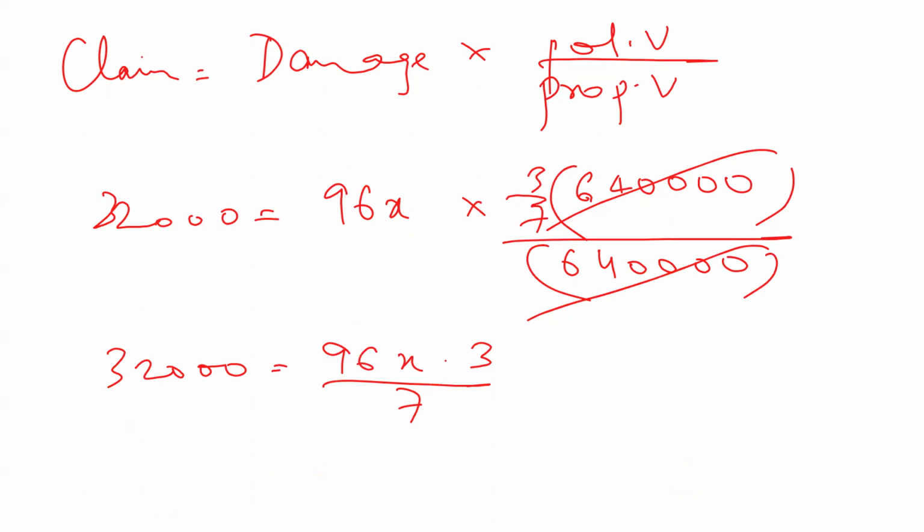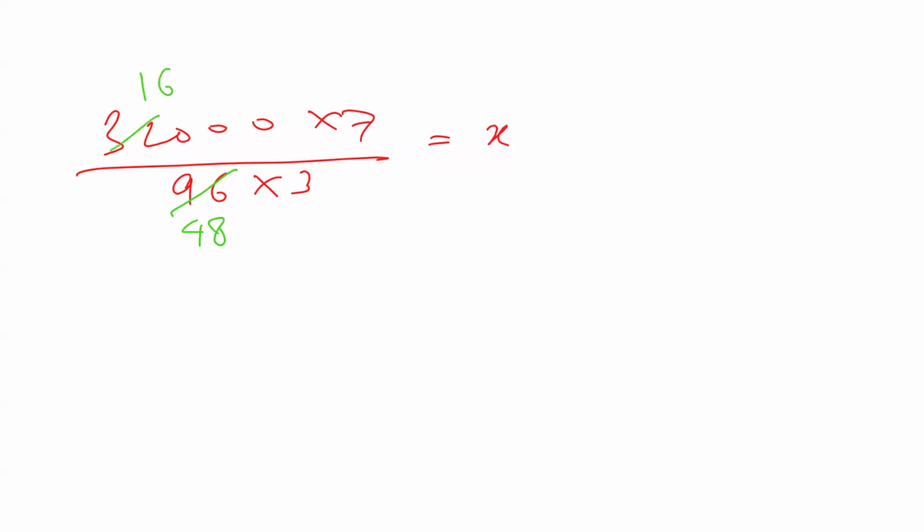So 32,000 into 7 upon 96 into 3 is equal to x. We'll go ahead with the reductions part. So this is 48 and this is 16. Anyway, 32 into 3 is 96.